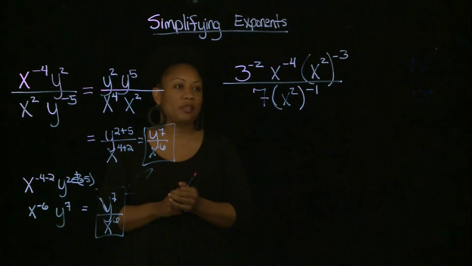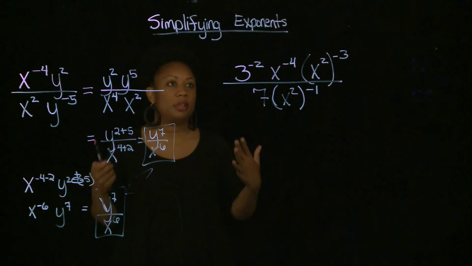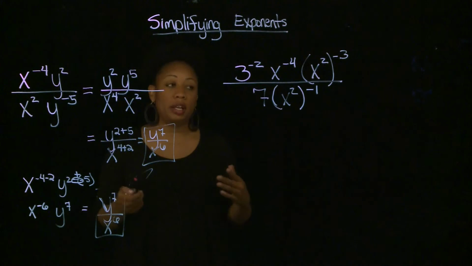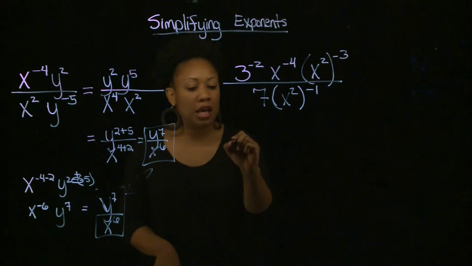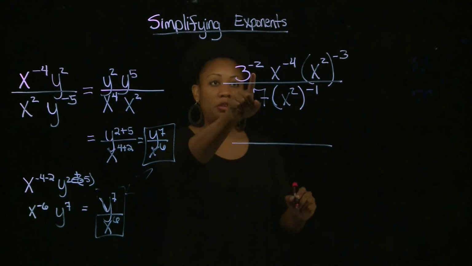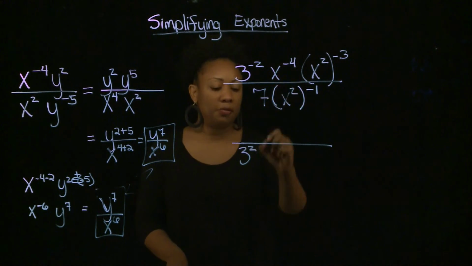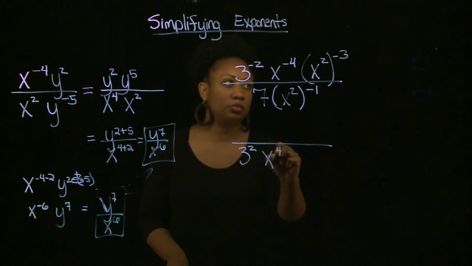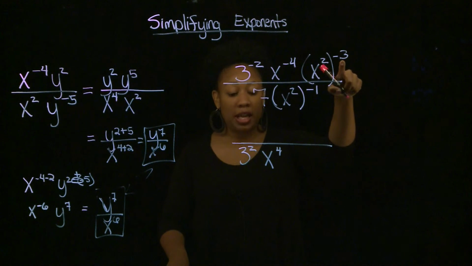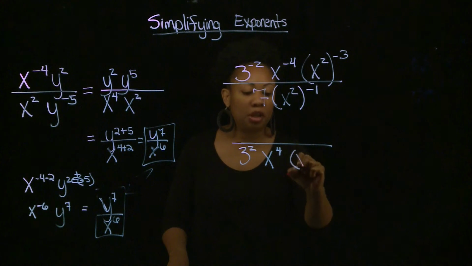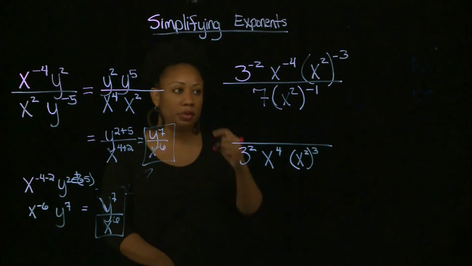So, like I said, I like to get rid of my negative exponents. Just me. So I'm going to get rid of all my negative exponents. I'm going to put this 3 squared on the bottom, x to the 4th on the bottom. X squared is raised to the negative 3, so I'm going to put x squared, and now that negative 3 is going to be positive.